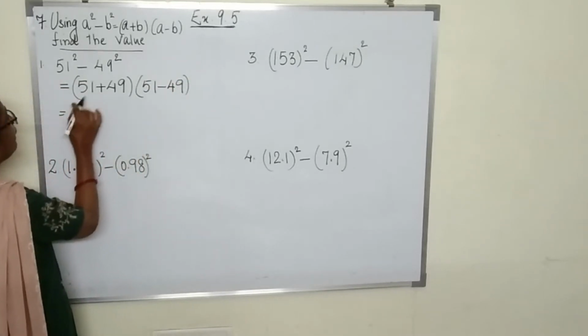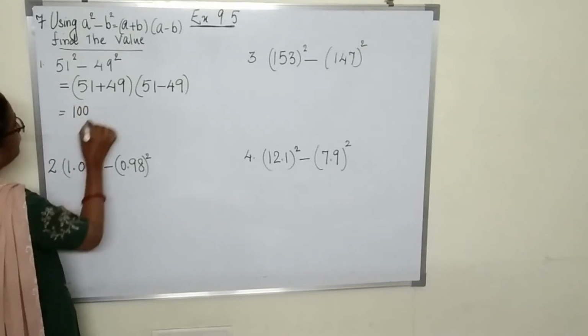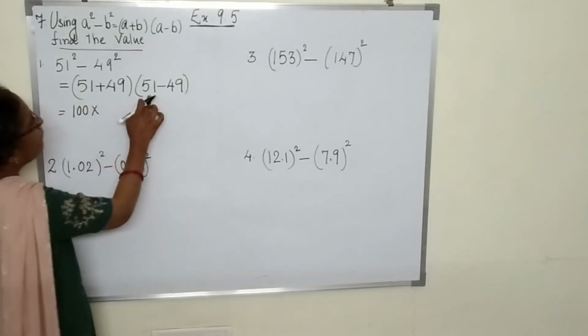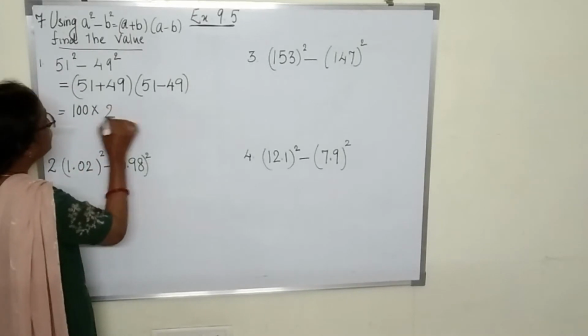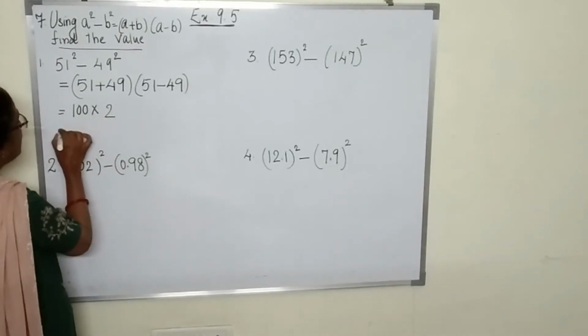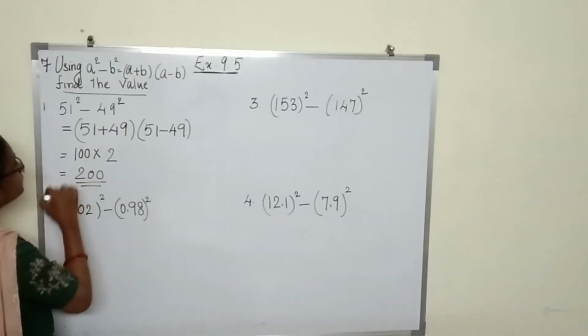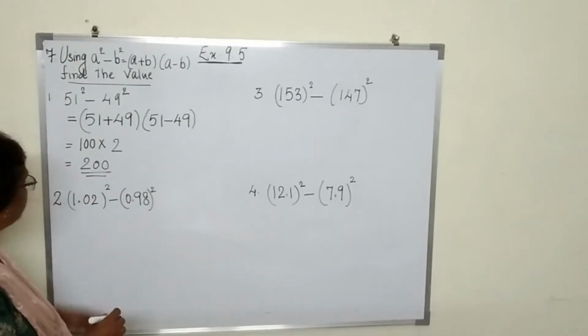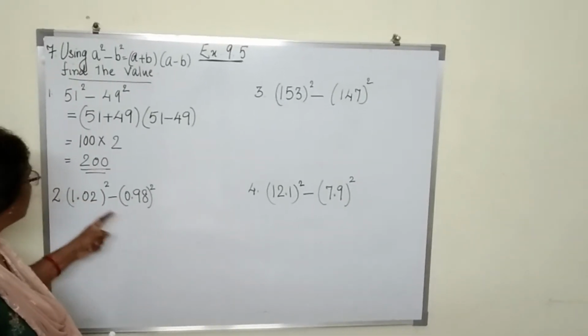What is 51 plus 49? It is 100, multiplied by 51 minus 49, that is 2. So what is 100 into 2? 200. Isn't it easy? Very quickly you will get the answer.